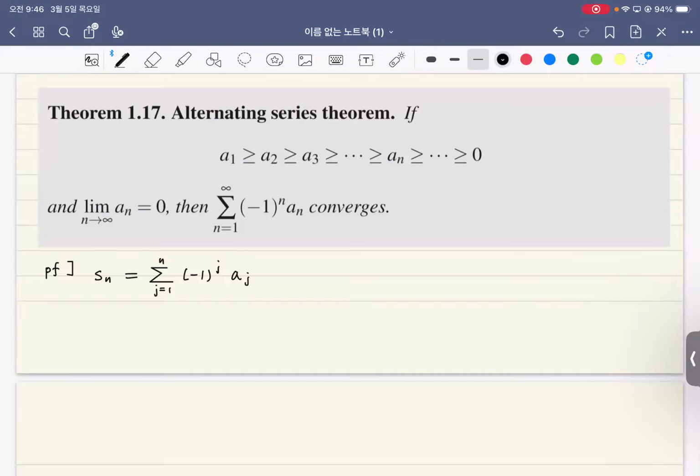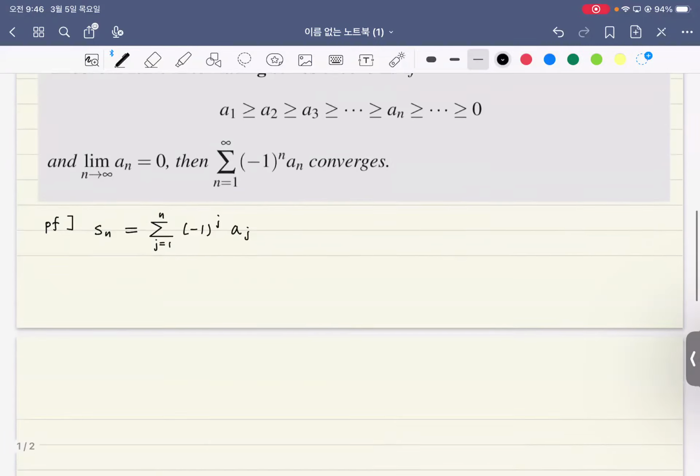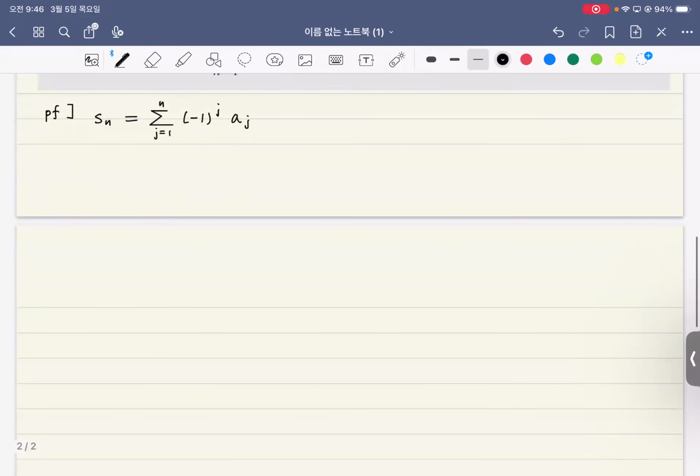This is the partial sum sequence obtained from this infinite series. And I want to talk about a subsequence of this sequence. What do I mean by subsequence?